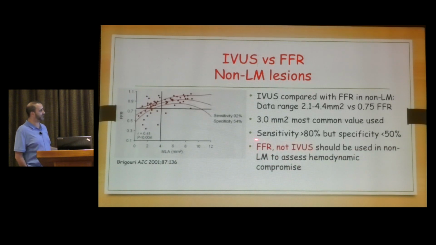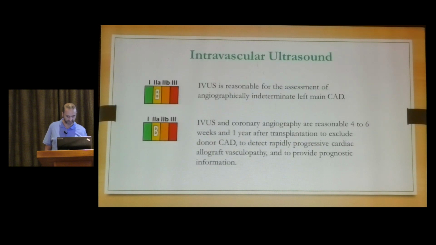This is why FFR or IFR, not IVUS, should be used in non-left main to assess hemodynamic compromise and significance for lesions we see. This is from the guidelines. There is no class 1 indication for IVUS. There is absolutely no class 1 indication. IVUS is reasonable for the assessment of angiographically indeterminate left main disease.